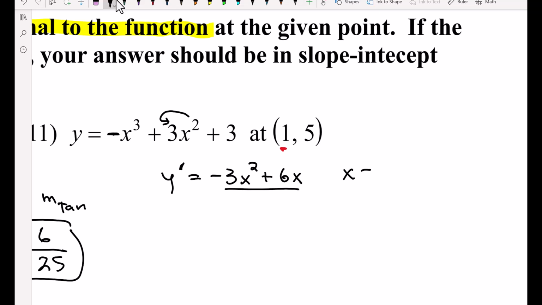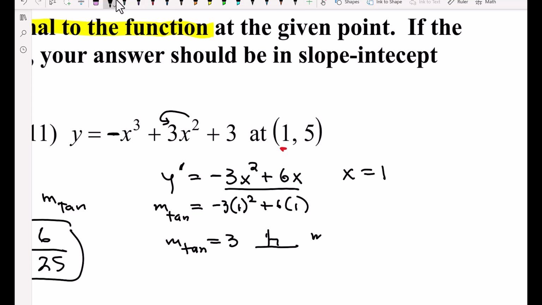And when we plug x is equal to 1 into those x's, that's what's going to give us m tangent. 1 squared is 1, -3 plus 6 is 3. So now we find m normal. It's the opposite reciprocal.